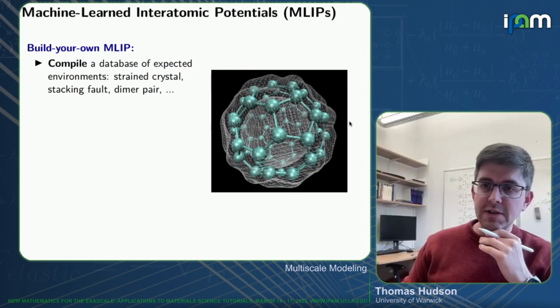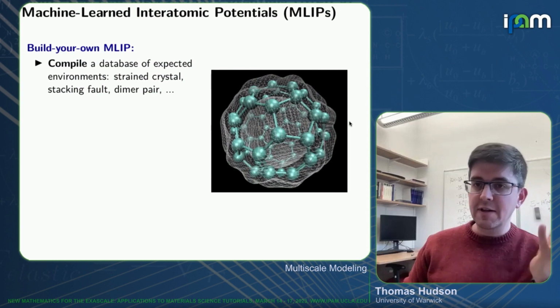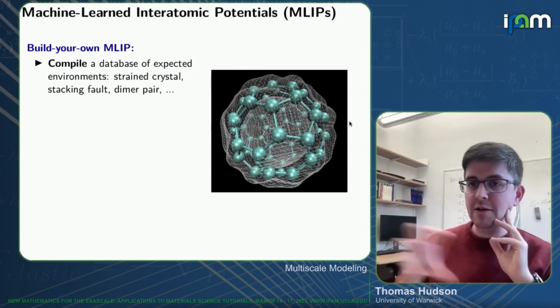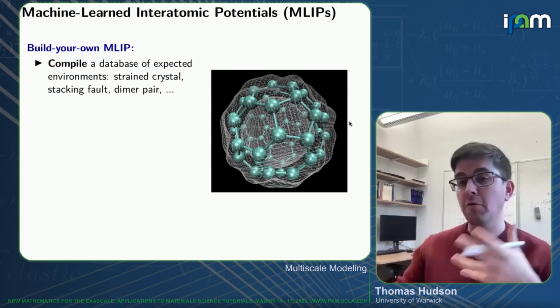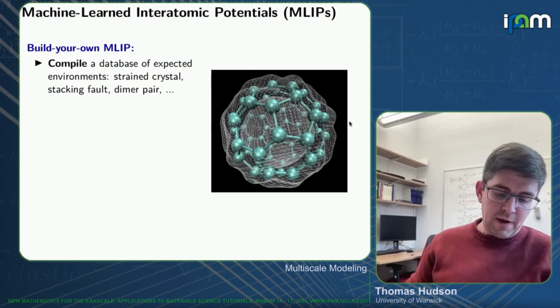You might want to look at stacking faults. You might want to look at dislocation configurations. You might want to add vacancies in there. And so by including those in your database, you're going to use machine learning to actually fit a potential that already knows about lots of the material science that goes into this material.